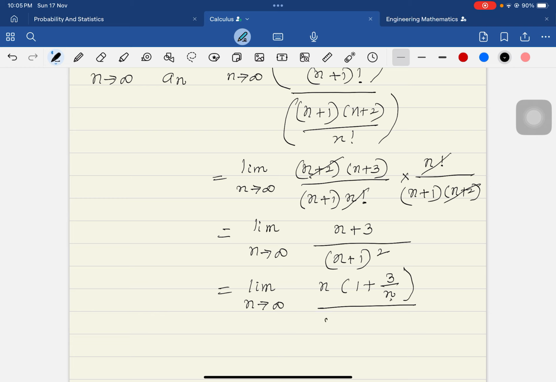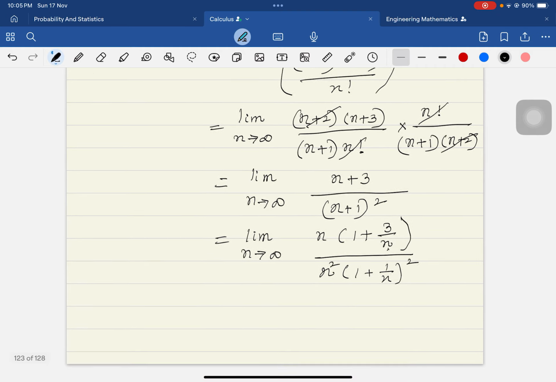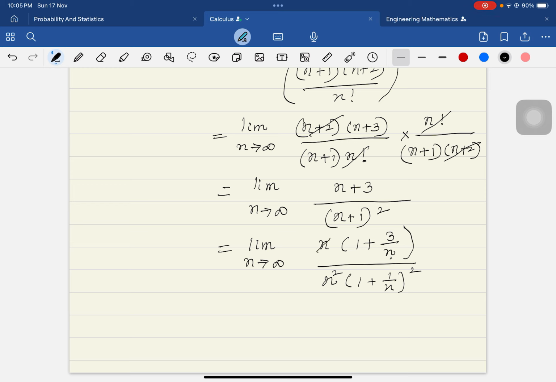Here also, when you take n common, it will be n into (1 plus 1 by n) the whole square, that means n square into (1 plus 1 by n) the whole square. Now one n gets cancelled. As n is going to infinity, this is 1 and this term is 1. The numerator becomes 1 and the denominator becomes n into 1 plus 1 by n, which is infinity.